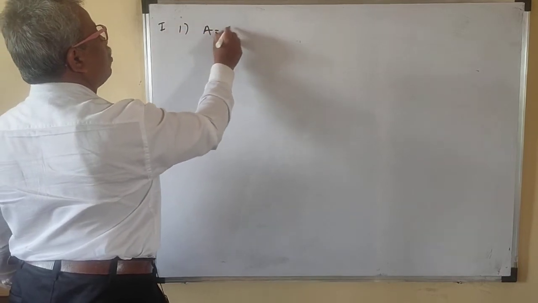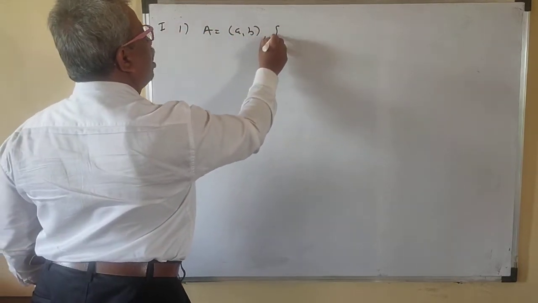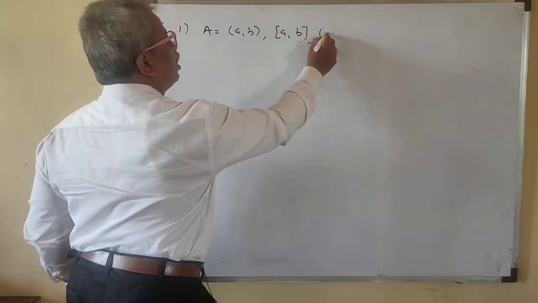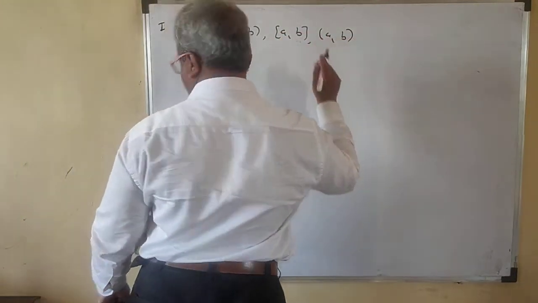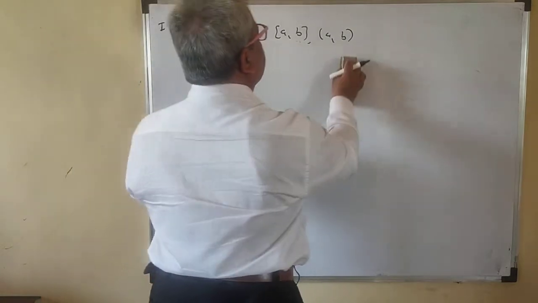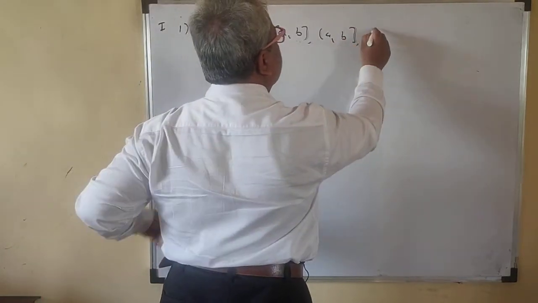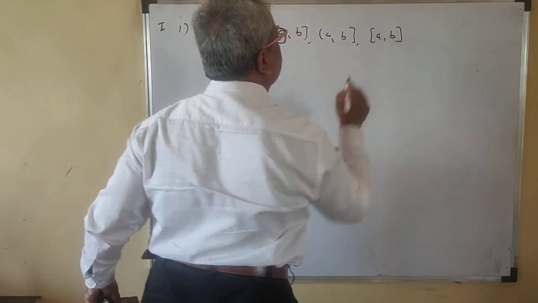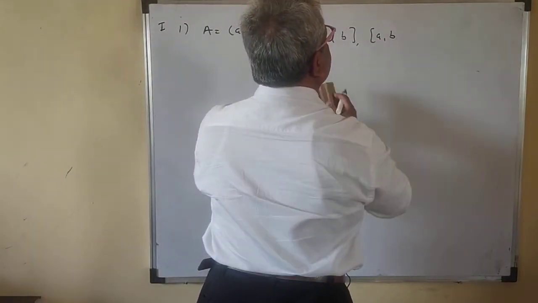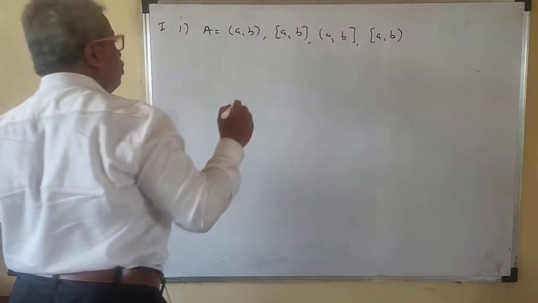Suppose A is equal to the open interval (a, b), or the semi-open, or the closed interval [a, b].